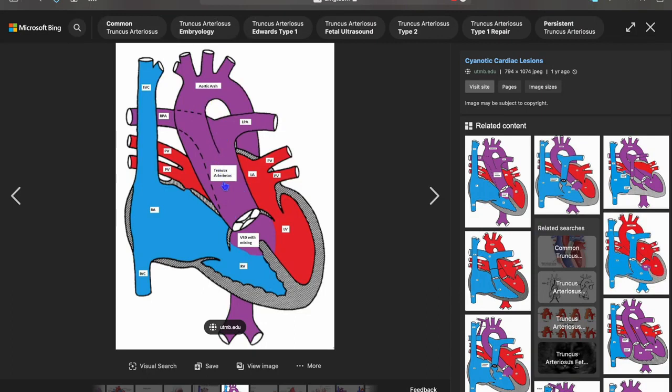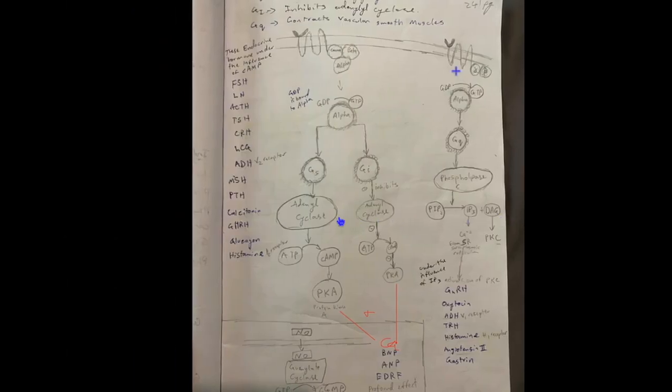This needs to split, and then you would get a different aorta and a different pulmonary artery. But here it didn't separate, so now you have the right ventricle going straight into the aortic arch, right? Maybe a little going here, and then it's coming here, and then this will push in as well. But if it has VSD, then you get mixing of the two bloods as well, so it further gets saturated with deoxygenated blood. So then you get purple blood going through. That's why you get cyanosis.